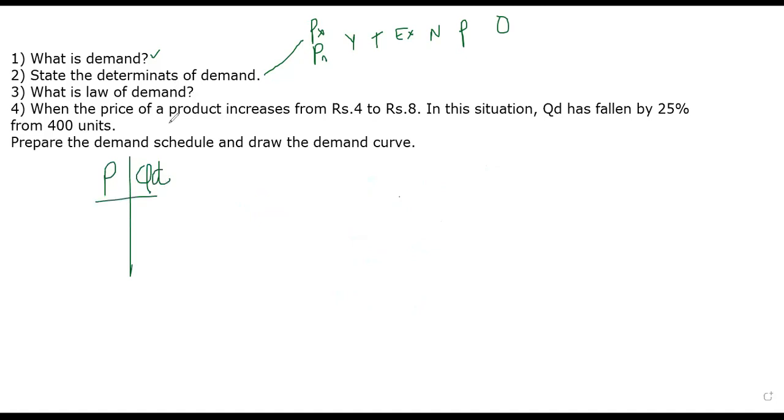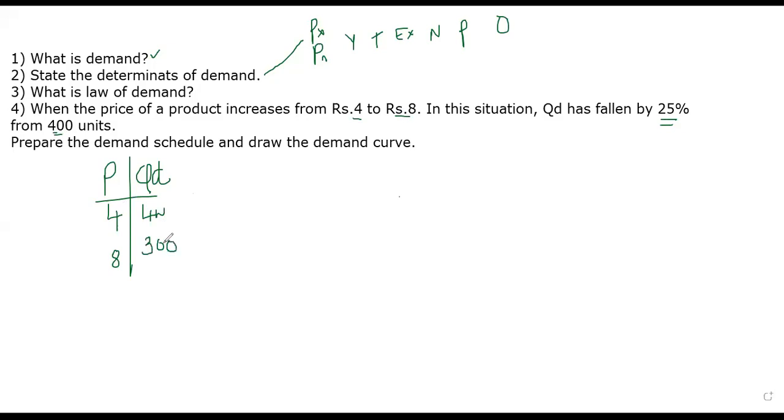Price increases from 4 to 8. Initial price is 4. The new price is 8. QD falls by 25% from 400 units. This is 400. Its 25% is 100. Therefore, the new QD is 300.